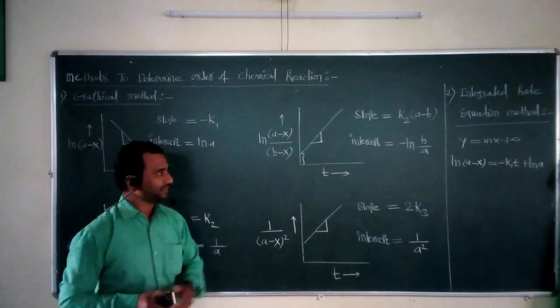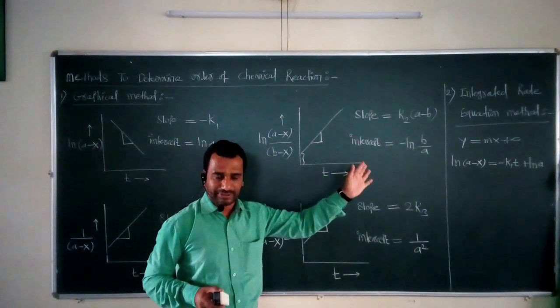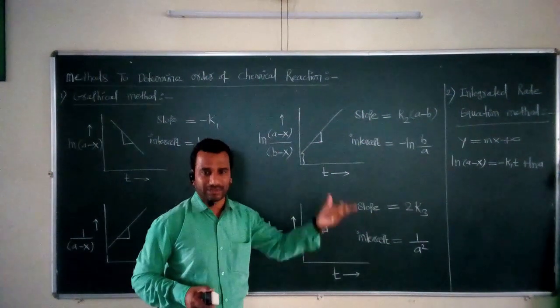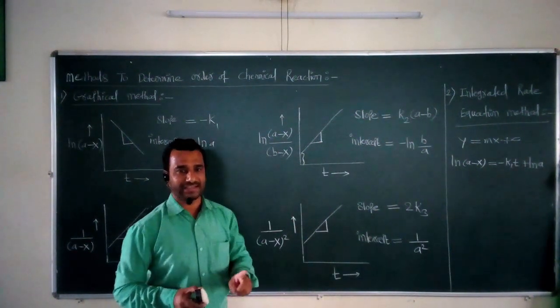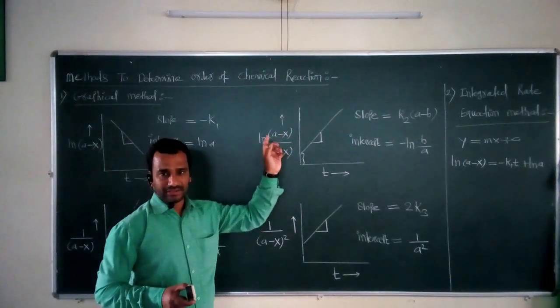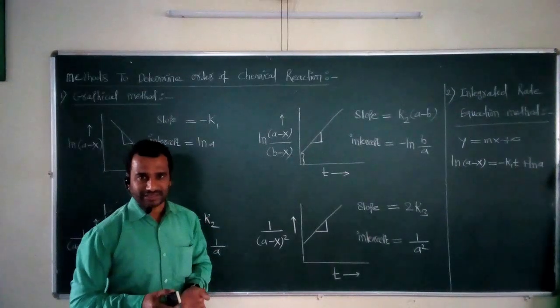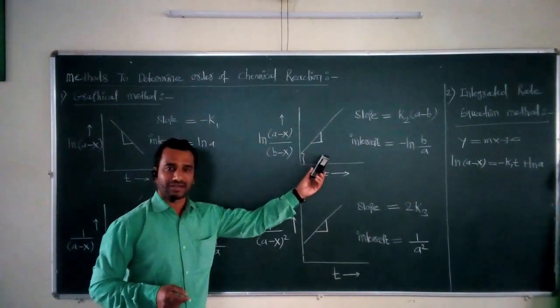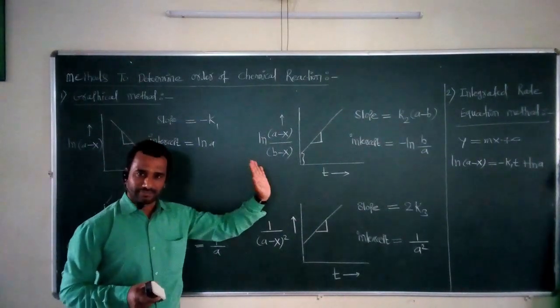On the other hand, if such a type of graphical representation is there along with the slope and intercept values, this chemical reaction is again a second order reaction with unequal initial concentration, and that's how we take here A and B. A for concentration of one reactant and B is a concentration for another reactant. So this is a case for second order reaction with unequal initial concentration. So this is graph number three.